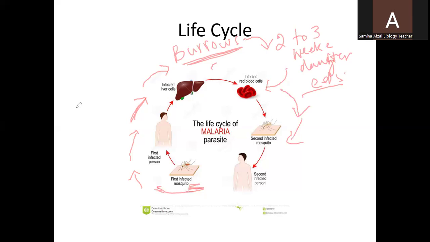So this cycle continues. The Plasmodium are transferred with the help of mosquitoes, and mosquitoes play the role of vector. This cycle cannot end, because mosquitoes are always there. They help to spread the Plasmodium, so in a simple sense they are harmful for us as they are causing this infection to us.